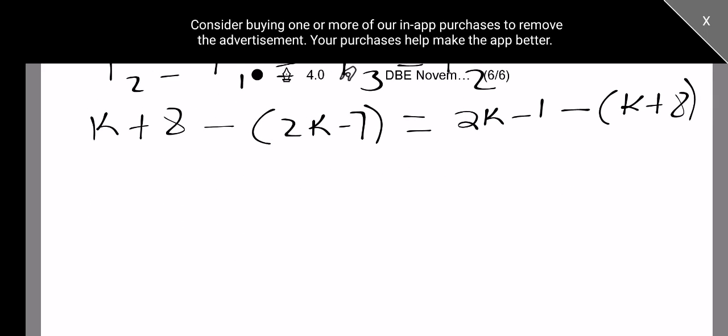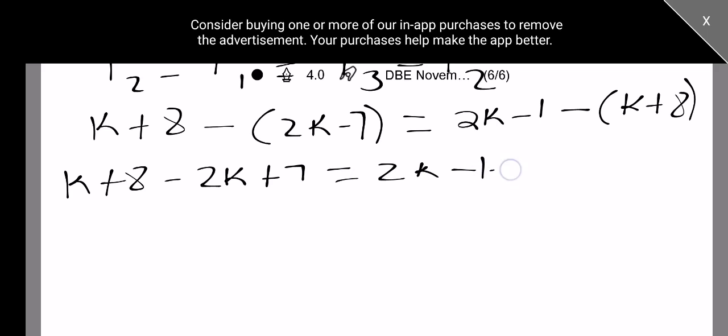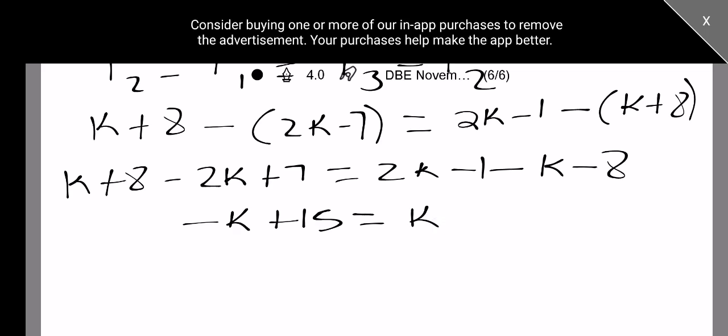Let's simplify this. k plus 8 minus 2k, negative times negative gives you positive, plus 7 equals 2k minus 1 minus k minus 8. k minus 2k is negative k. 8 plus 7 is 15 equals 2k minus k is k. Negative 1 minus negative 8 is negative 9.